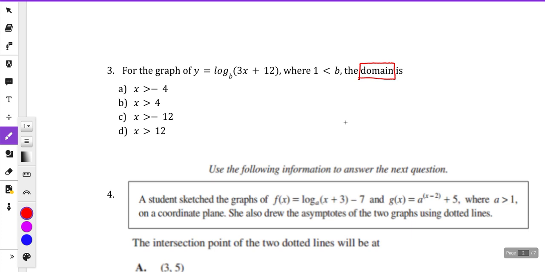When you see the word domain, they're asking you for possible x values. Graphically, what that means is how far left and right.